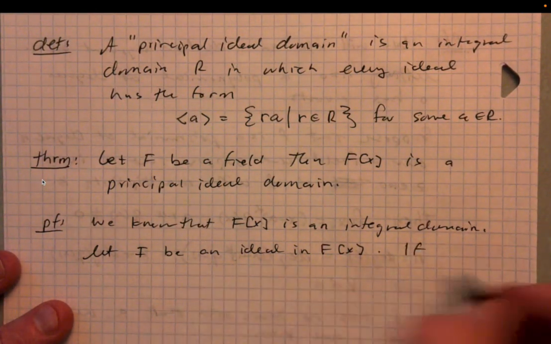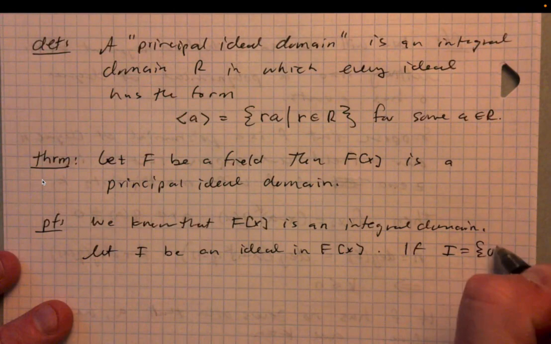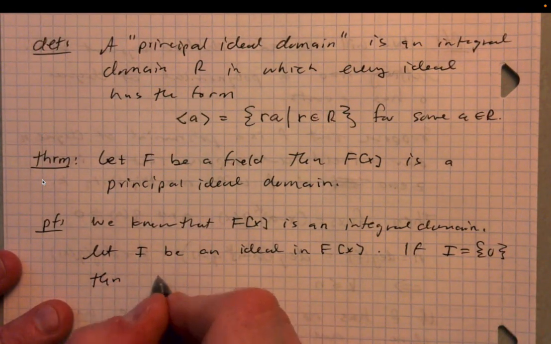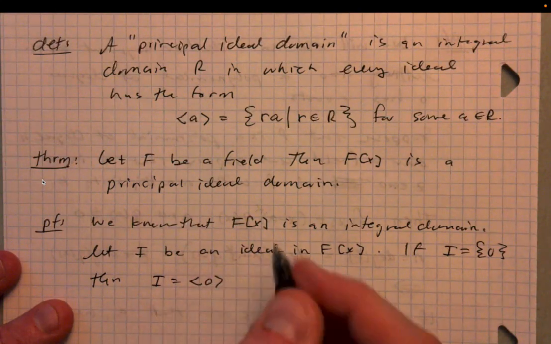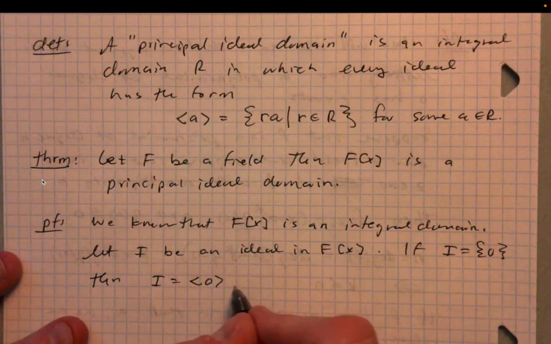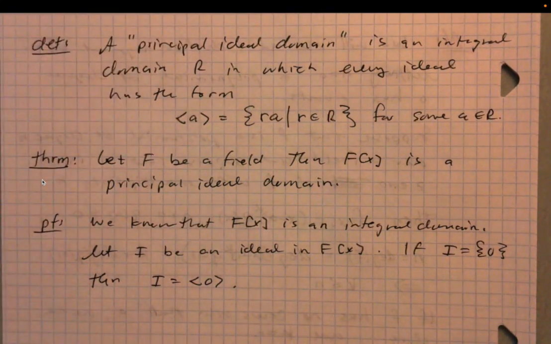Now, if I is equal to just the zero polynomial, then I is equal to {0}, right? That's not a problem. Obviously, R times 0 is a totally legit way to build up the ideal.